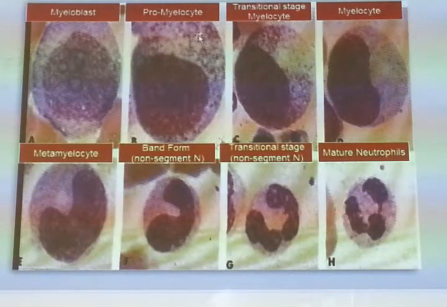These are the developmental stages of neutrophil or myeloid cells. Inshallah, we will discuss this next semester when we discuss the different types of leukemia. This is a very important slide to understand; then, inshallah, you will understand the different types of leukemia.